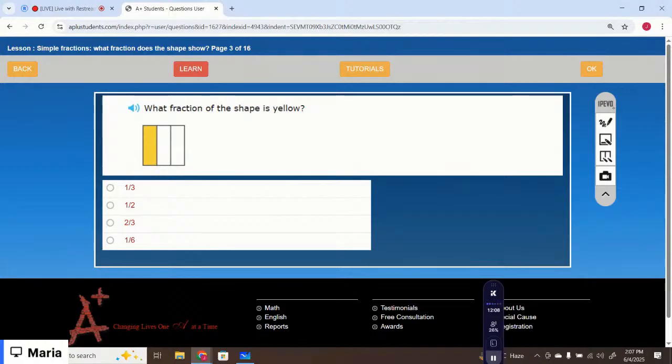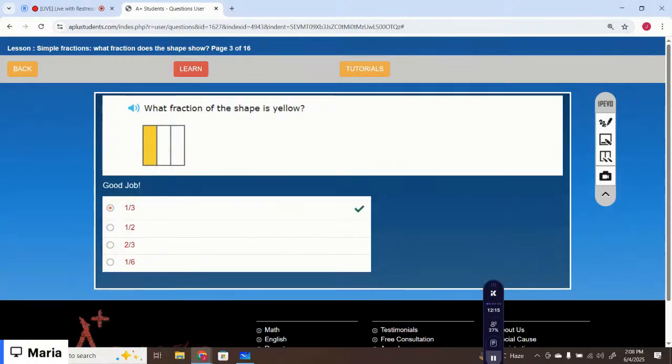The shape has three equal parts, and one of them is yellow, so that is one out of three.